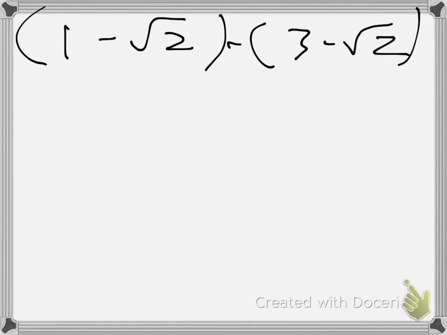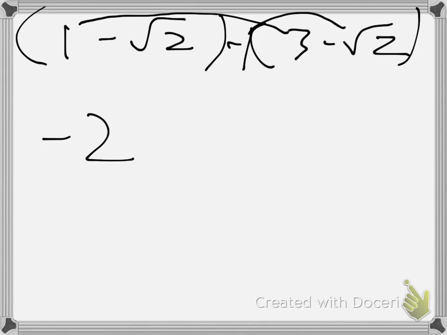In this case, of course, it's still the process of combining like terms. You have 1 now minus 3, so negative 2. And you have negative 2 minus negative 2. When you subtract a negative, you're really adding it.